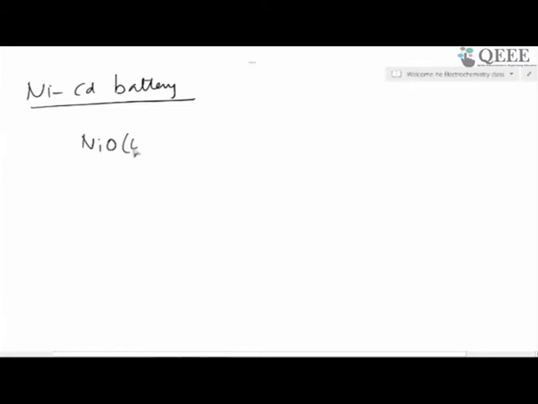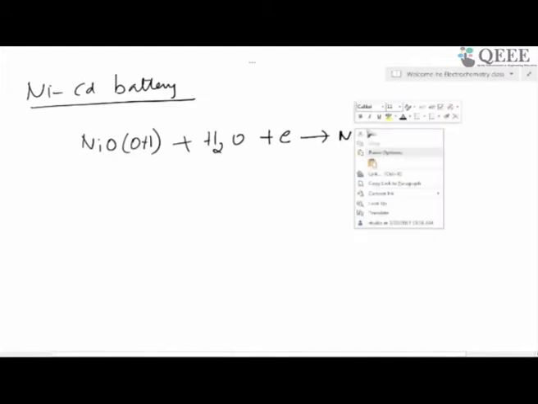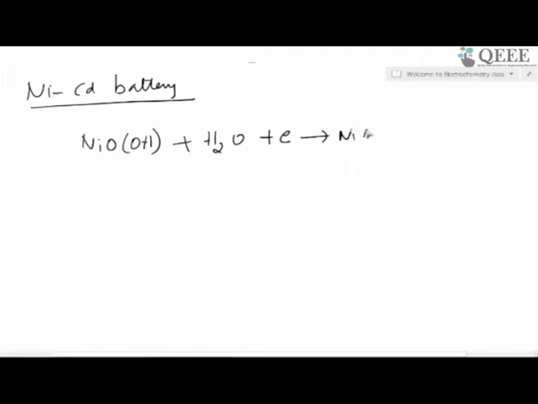Nickel oxyhydroxide, in which nickel is in the 3 plus state, plus H2O plus electron gives nickel hydroxide plus OH minus. E naught, the reduction potential, is minus 0.86. That is with respect to the standard hydrogen electrode.